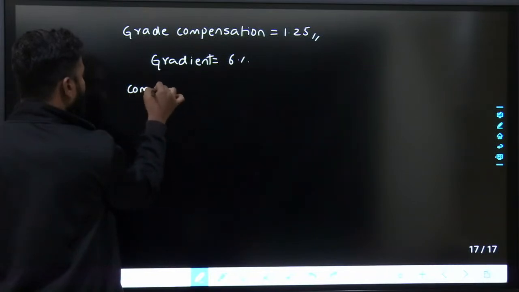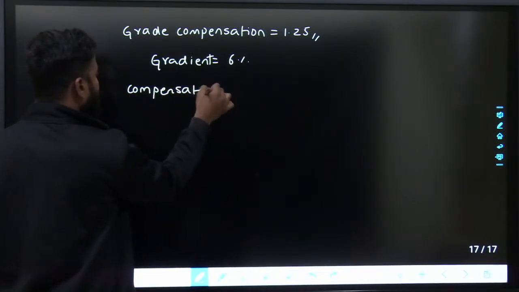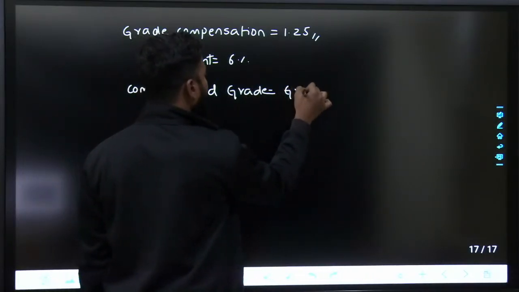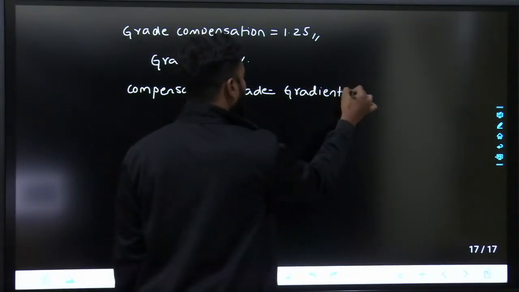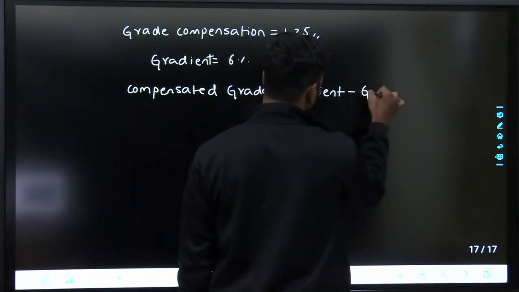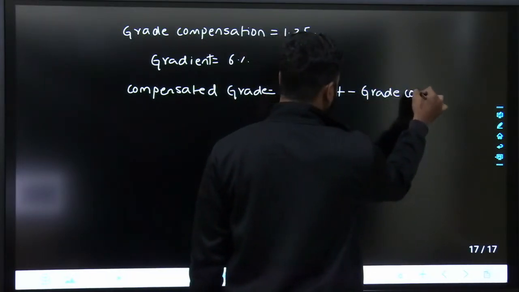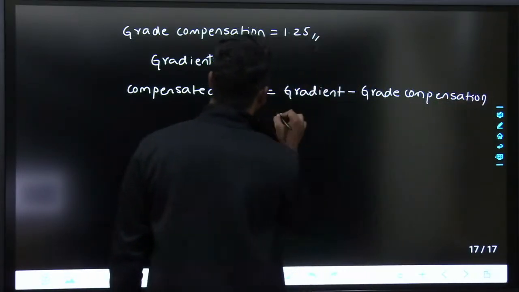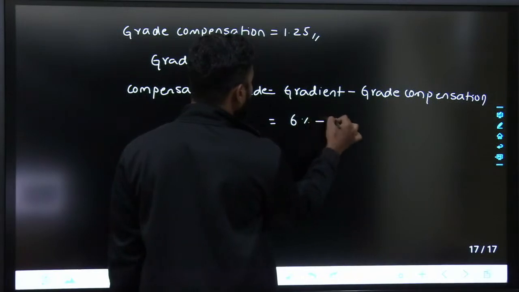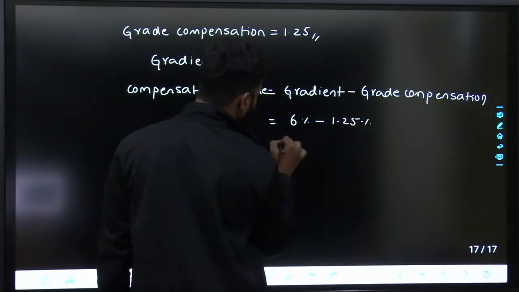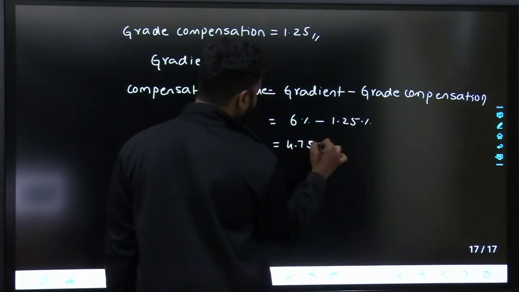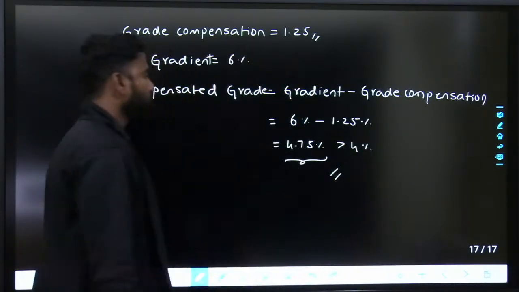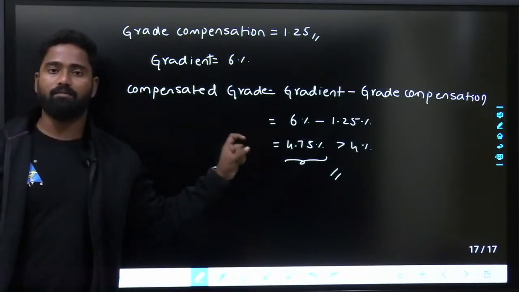Compensated grade equals gradient minus grade compensation, so 6% minus 1.25% is 4.75%, more than 4%, therefore it is okay. So the compensated grade is 4.75%.